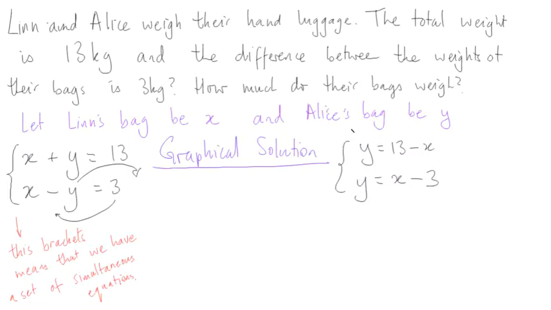So this is the set of simultaneous equations. I just moved them around to get them in the form y equals. And now either I can do a table of values or I can plot them in my graph. Let's do a table of values.